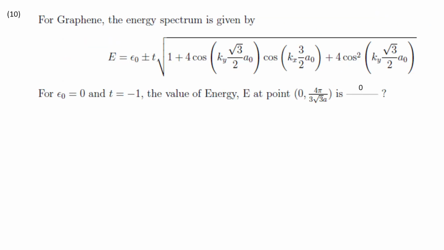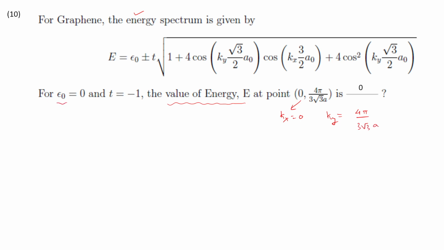So now the next question. For graphene, the energy spectrum has been given. So this is the formula, and we are asked what is the value of the energy E at a given point, where kx is equal to 0 and ky is equal to 4 pi over 3 root 3 a.